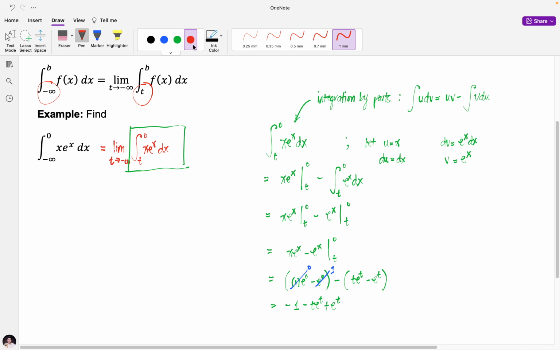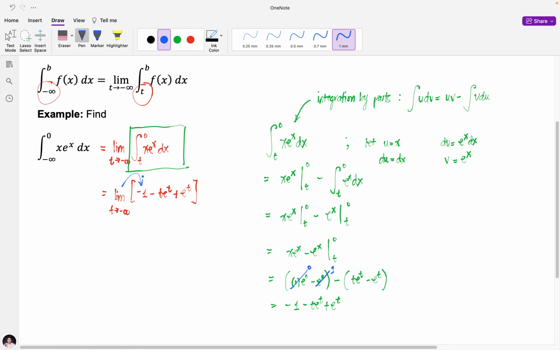So substituting that result to our problem, so this is just the limit of negative 1 minus t e raised to t plus e raised to t as t approaches negative infinity. So we will get the limit of the three terms here.